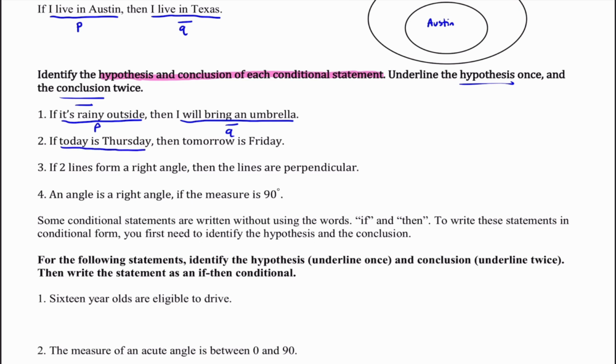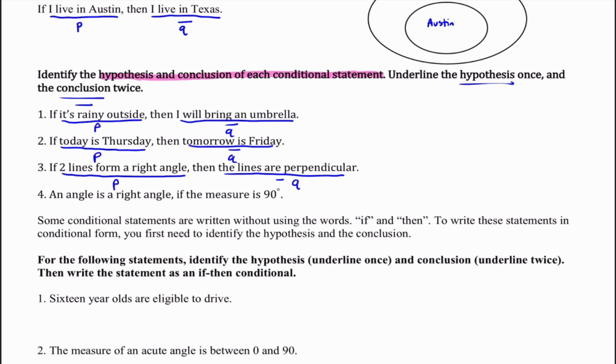Today is Thursday is P, which is our hypothesis, and tomorrow is Friday is our Q, the conclusion. Number three, if two lines form a right angle, then the lines are perpendicular. So two lines form a right angle is our P, and the lines are perpendicular is our Q.